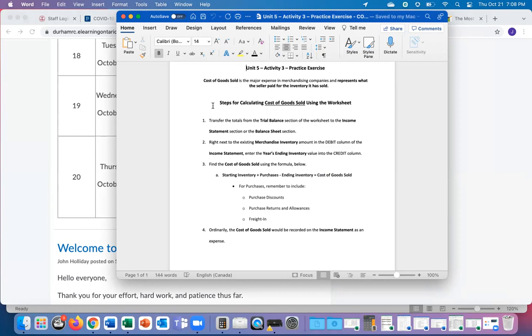One of those differences in merchandise business accounting is the cost of goods sold. At the top of the Word doc I put together, I have a definition: it's the major expense in merchandising companies and represents what the seller paid for the inventory it sold.